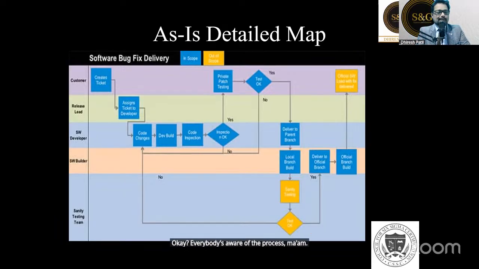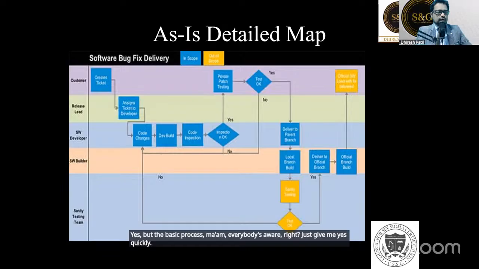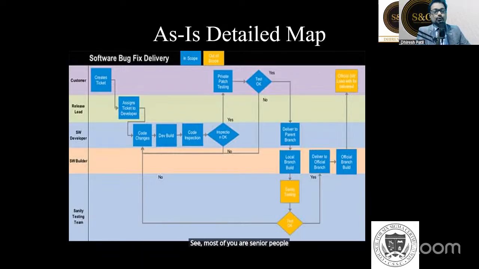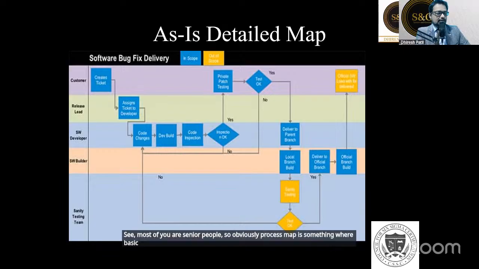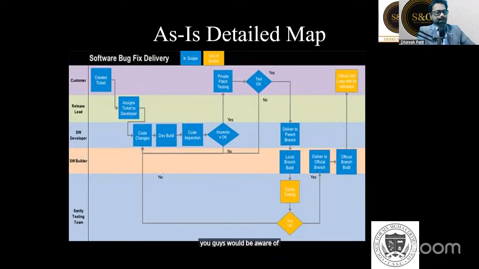Just give me yes in the chat box. We will take a separate session on the process map, swim lane process maps, and the different types of boxes which are there. But the basic process map everybody is aware of, right? Most of you are senior people, so obviously the process map is a basic tool which you would be aware of. Very nice. Thank you very much for the confirmation.